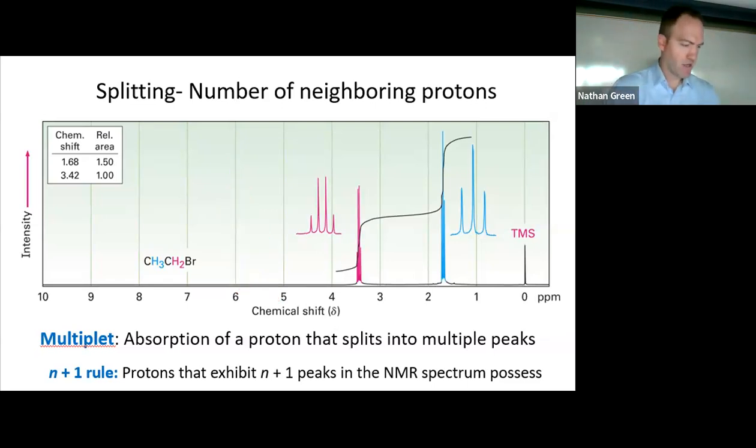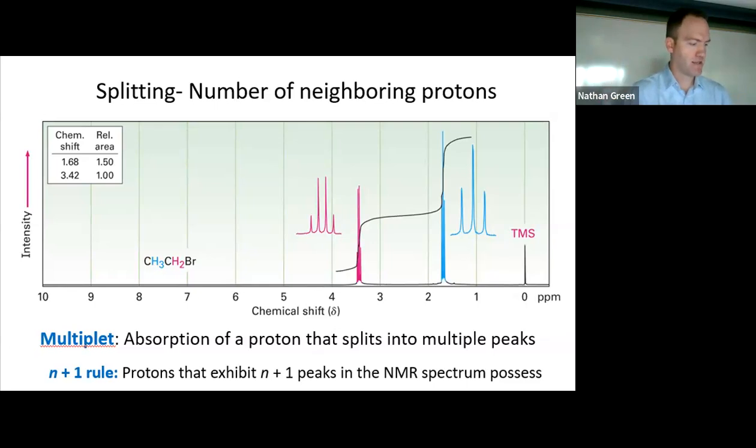Here's how we do splitting. We are going to look at the number of peaks, or what we call a multiplet, based on the n+1 rule. If a proton has no neighbors, n equals 0, so its signal is going to look like 1 peak. If a proton has 1 neighbor, n equals 1, 1 + 1 is 2, so it's going to be represented by 2 peaks.